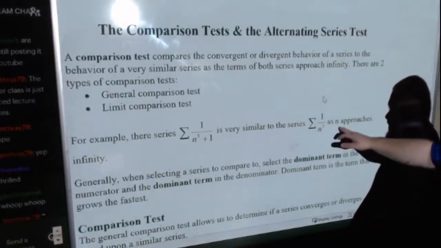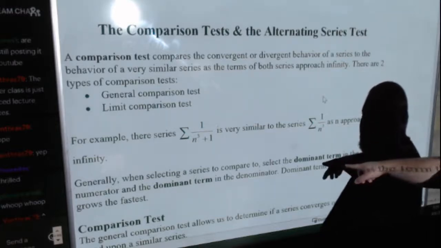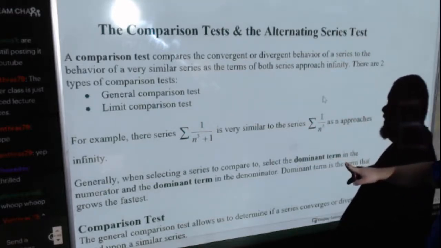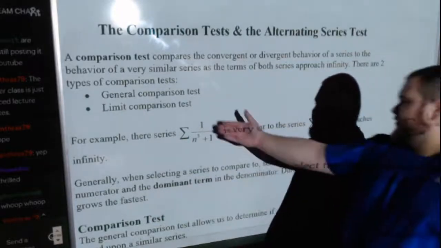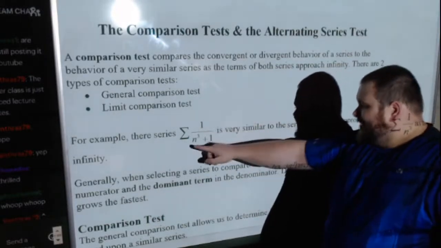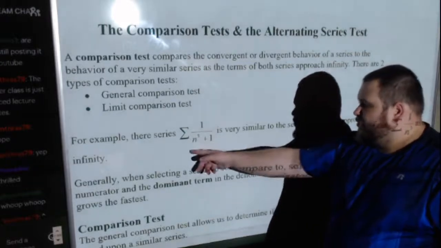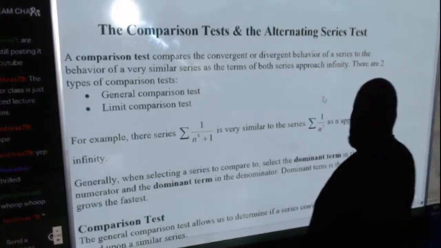And if we do that, that's what's called taking the dominant terms in both the numerator and denominator. Obviously there's only one term in the numerator. The dominant term down here is obviously n cubed. That's the only thing that changes.